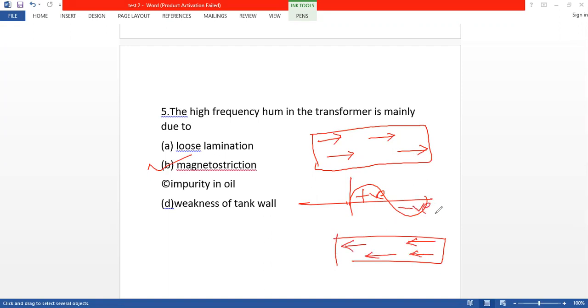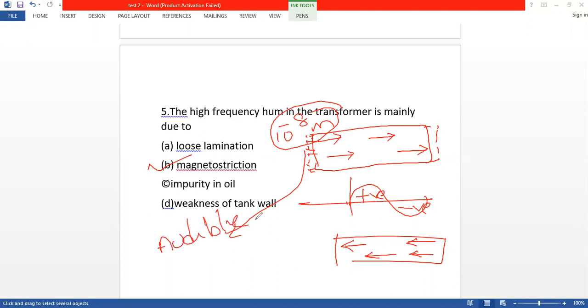Due to this orientation, there will be a slight change in the dimension of the core, around 10 to the power of -8 meter. This is not visible by eyes, but the sound produced by this change falls in the audible range. You know what the audible range is?